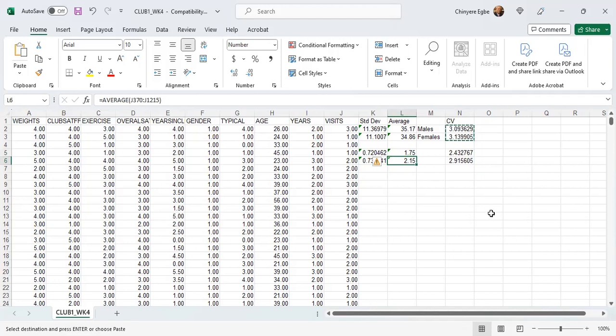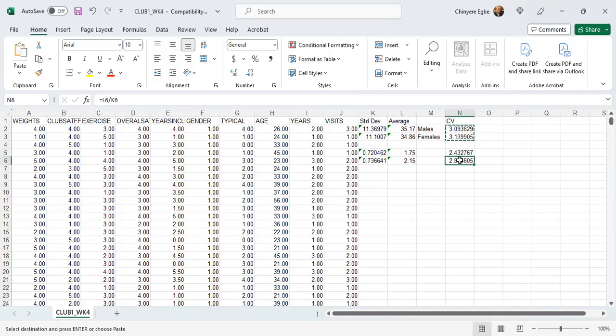Yeah, I see it. And the males average 1.75 visits per week, right? Yeah. But when you look at the coefficient of variation, you find out that the coefficient of variation for the females is way more than the males. It's really more than the males.